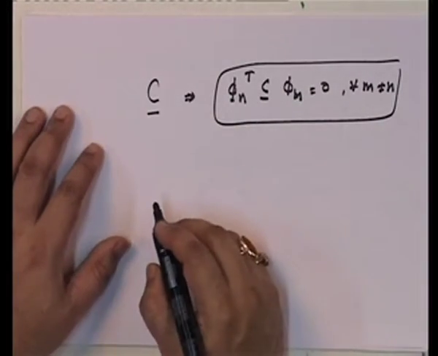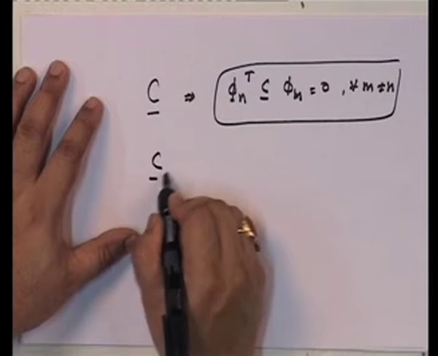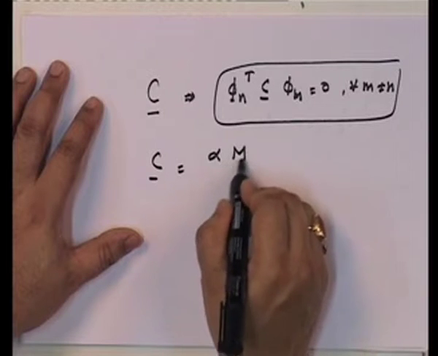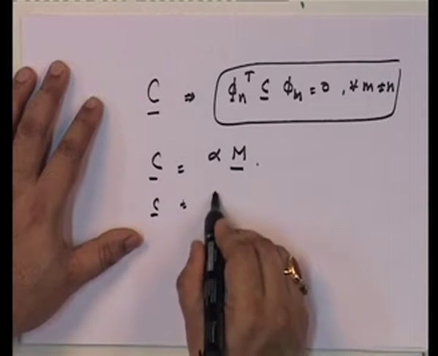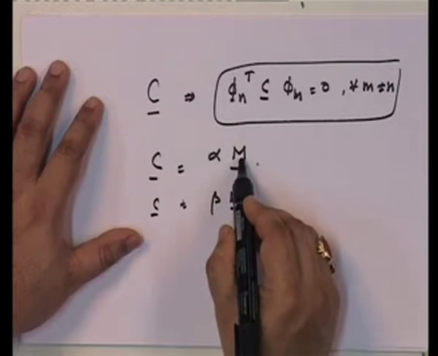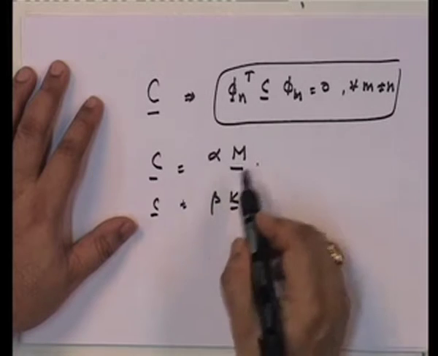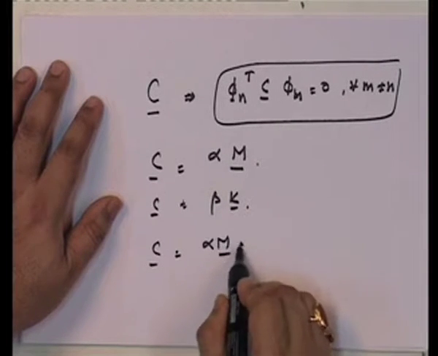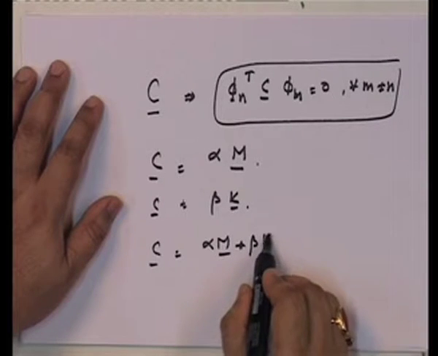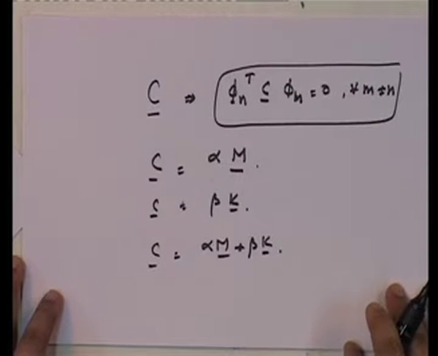so, once we have that, we see that look, remember we said that C can be of this form, it is mass orthogonal, yes, it is stiffness orthogonal. We know that if this is this, then we have the situation where it is a linear combination of mass and stiffness proportional.